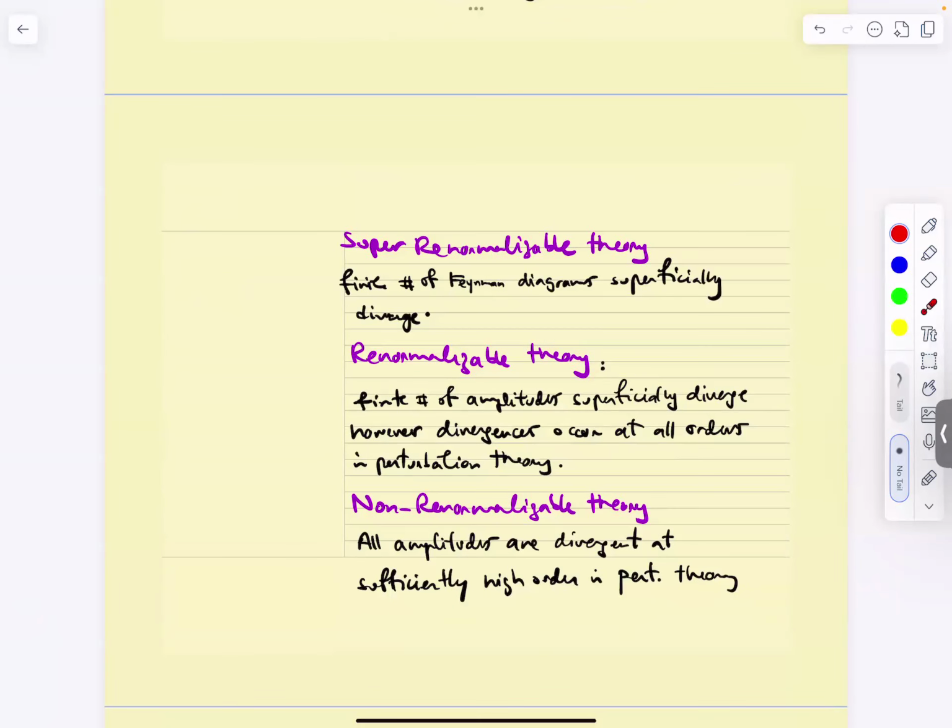We use the example of QED because it's an interacting theory, but it has very simple Feynman diagrams to run our argument of dimension counting and see this structure of super-renormalizable, renormalizable, and non-renormalizable theories.